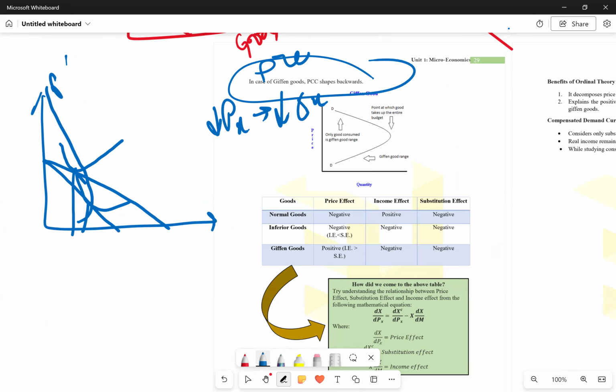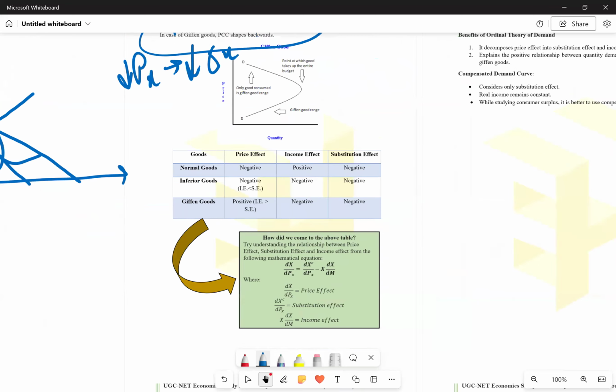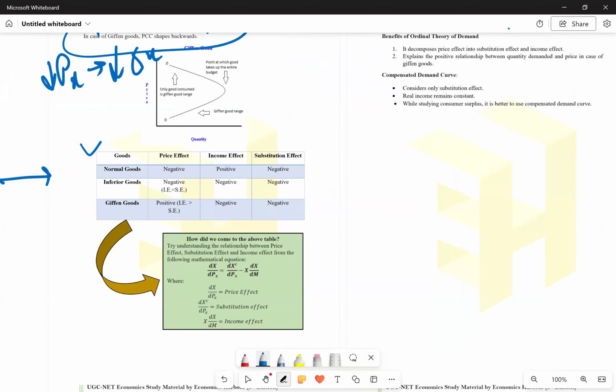Now, another thing is the price effect. People usually ask why the income effect is positive or negative in this case. So please take note of this equation.